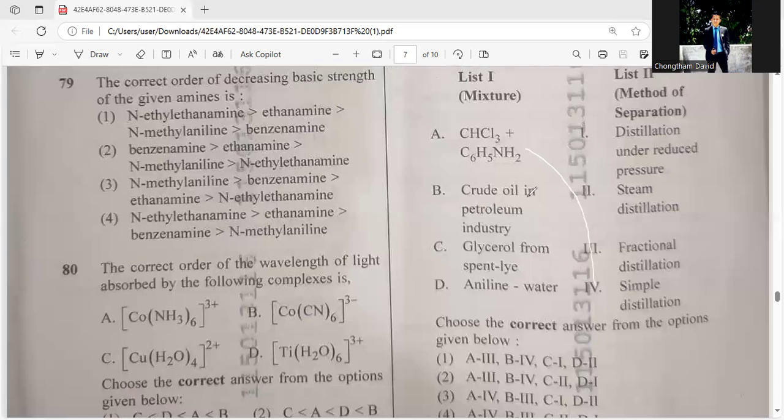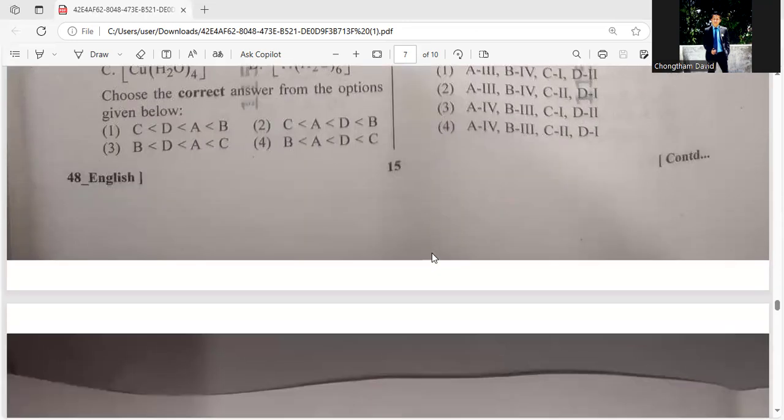Crude oil in petroleum can be done via steam distillation. Glycerol from soap spent lye by fractional distillation, which we have learned in class 11. Aniline by distillation under reduced pressure. So the sequence will be A4, B3, C2, D1, so it would be option 4.